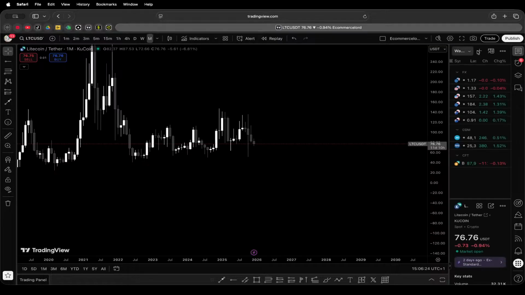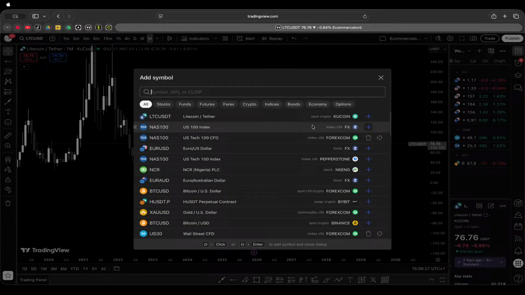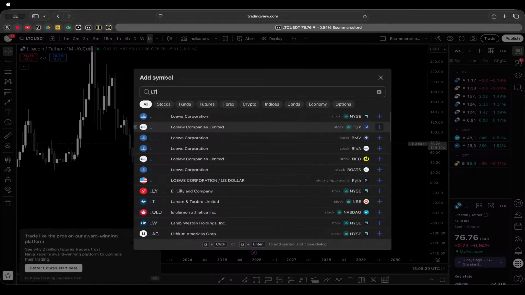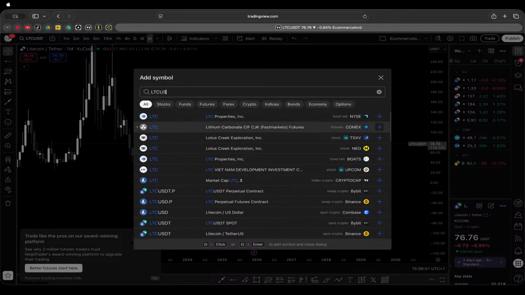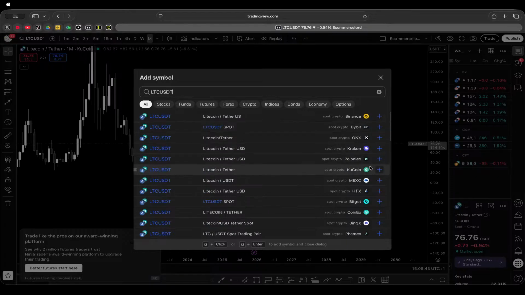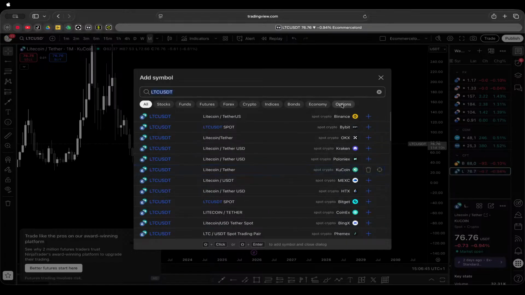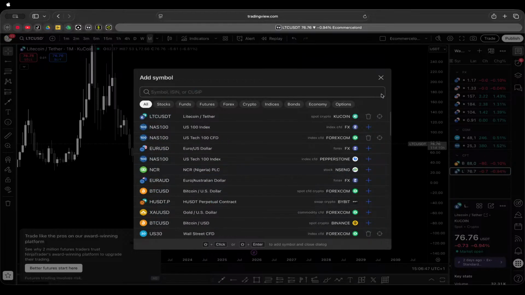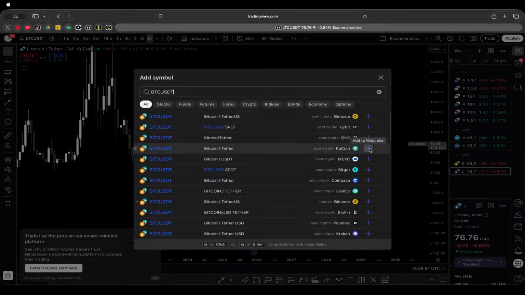Let me find it. I'll add this here because I'll be checking out trades on coin pairs: LTC/USDT and BTC/USDT on KuCoin spot.